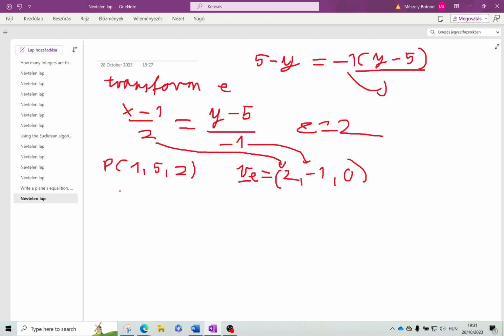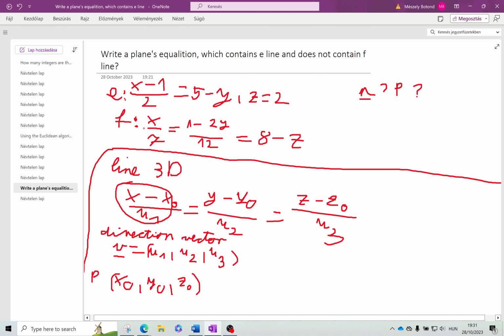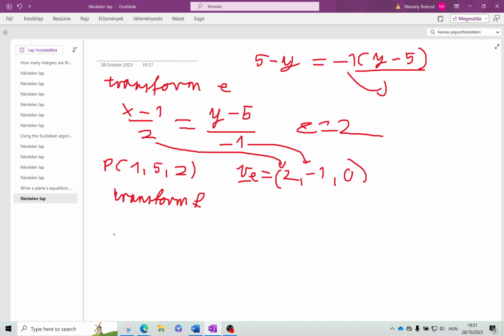Now we do the same for F. Transform F. Because F right now looks like this, and it's not very similar to this one, but x can be right now like x minus 0 per 7.